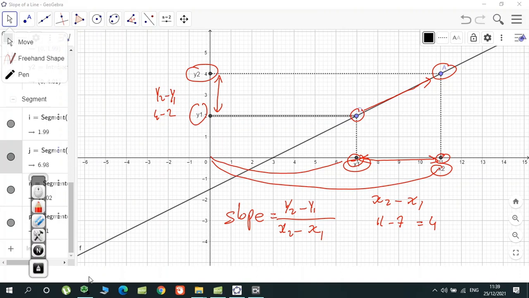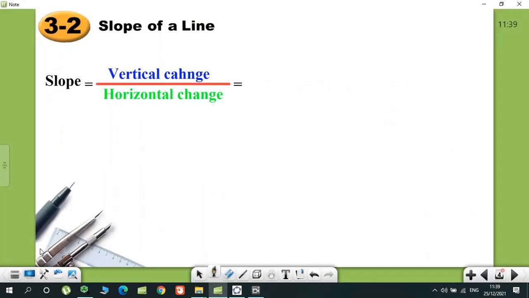If we have two points, the slope is y2 minus y1 over x2 minus x1.